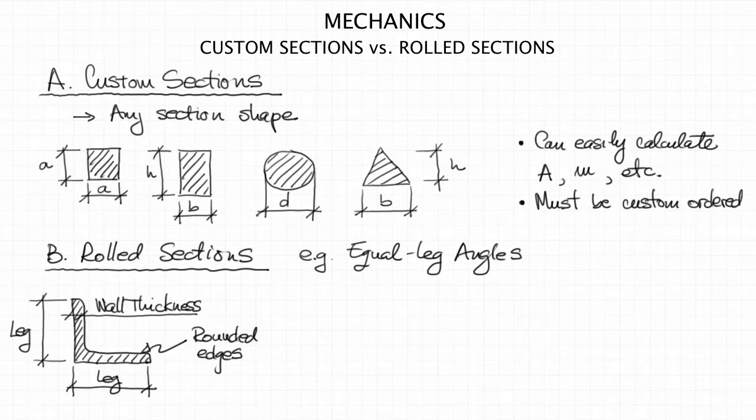The rounded edges, as you will see, will make it more difficult to calculate the properties by hand, such as the cross-sectional area. These sections are termed rolled due to the manufacturing process.